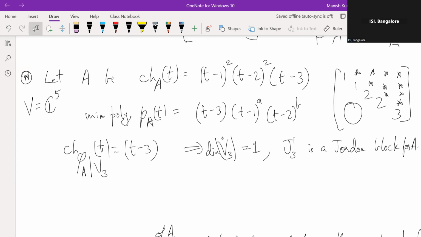So what you do is you look at A minus I. You want to figure out the dimension of the generalized eigenspace, or maybe first the eigenspace. So A minus I acts on C5. You can look at the null space of this: v such that (A minus I)v is 0, v in C5.